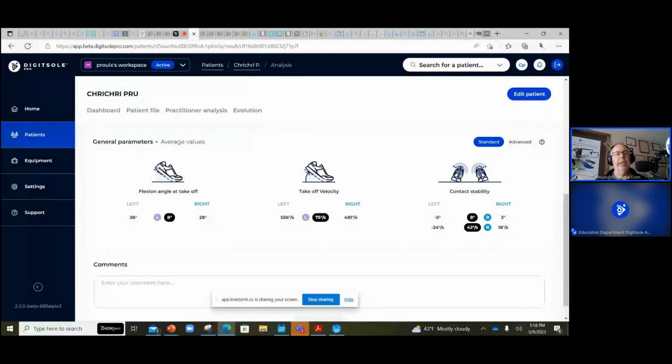So this is the angle here, and it's going to be an indication of the degree of plantar flexion. Okay, so we actually see that there is good plantar flexion, and let me stop for a moment here too.